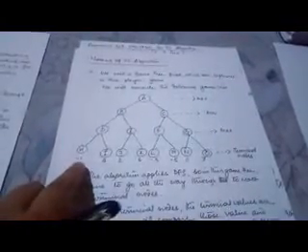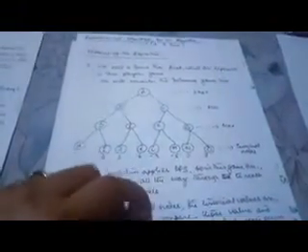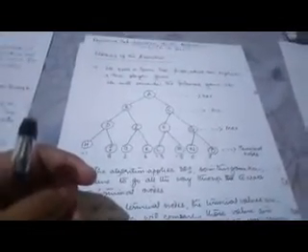After this, the possible terminal nodes are also generated. This is a very simple game tree that we are taking into account. A general game tree would have a large depth or a large height, but we are taking into consideration a very simple game tree.